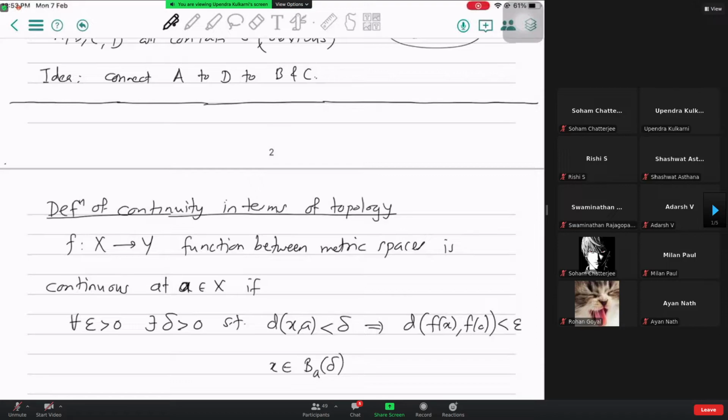Sir, both X and Y are having the same distance function, right? No. Okay, so now here is the thing. You're absolutely right. When I say d of x comma A, what is that d? That is the d in the metric space X. And in the target, it is the d from the metric space Y. Very often, we will simply not write this, but allow the context to tell you. It may be that X and Y are the same metric spaces, but it need not be.